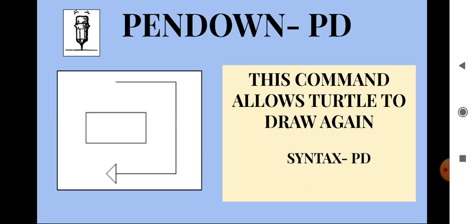The syntax is PD. By default, the turtle is in PD, pen down condition, when we are using Logo, and the turtle draws on our screen in pen down condition. So when we use the command pen down, PD, it allows the turtle to draw again.